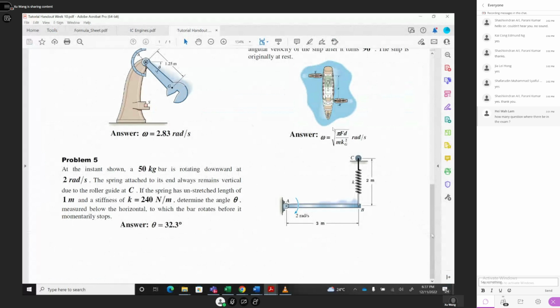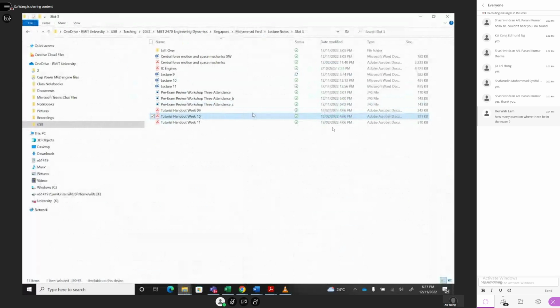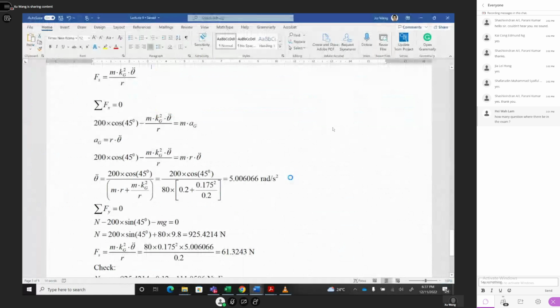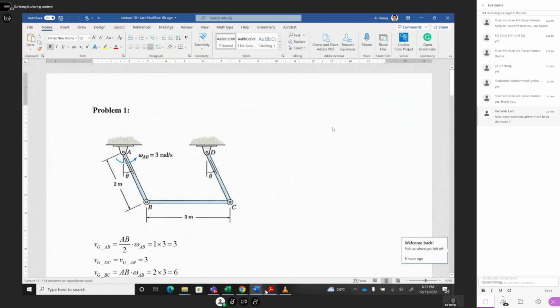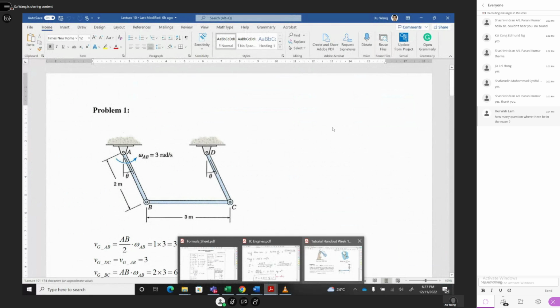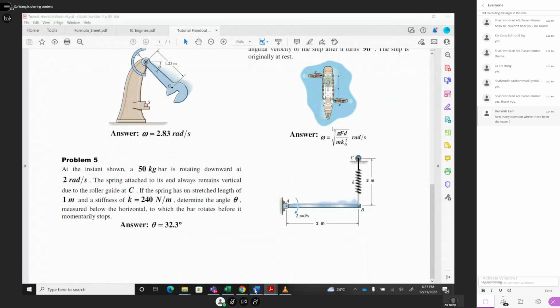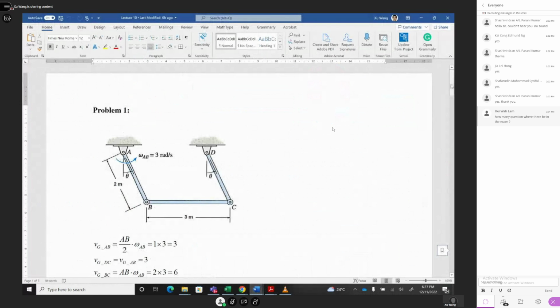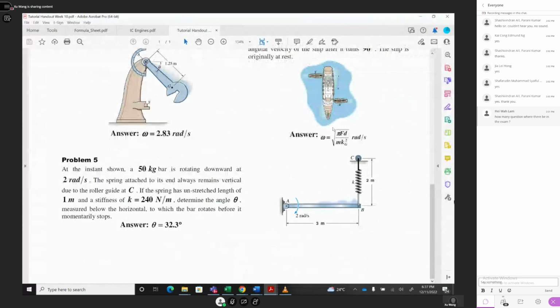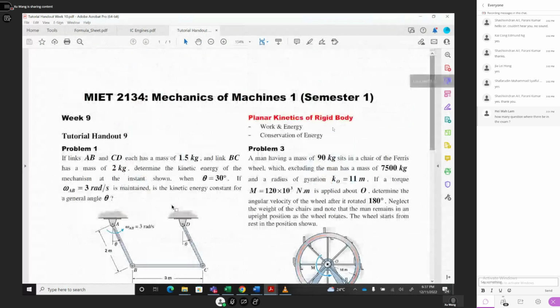Week 10, question 1. This is the mechanism. Links AB and CD have a mass of 1.5 kilograms.